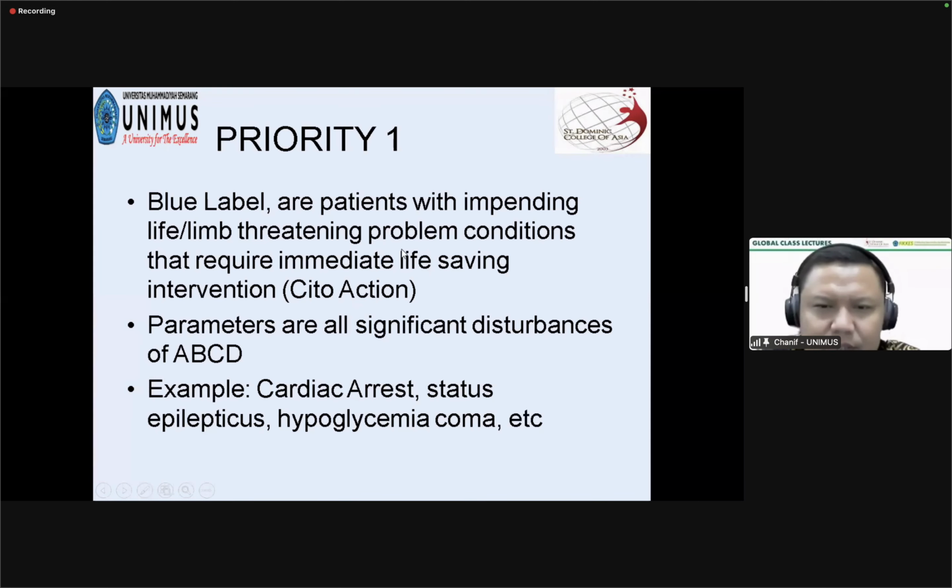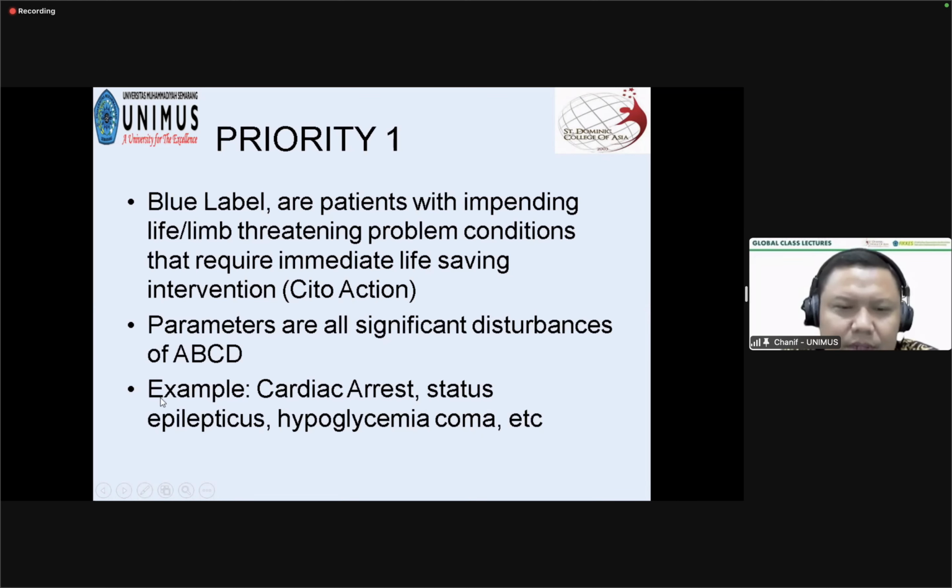It is immediate life-saving and cannot be delayed. The parameters are all significant disturbances of airway, breathing, circulation, and disability. So when we assess the patient, if there is a significant disturbance of the airway, it is priority one.